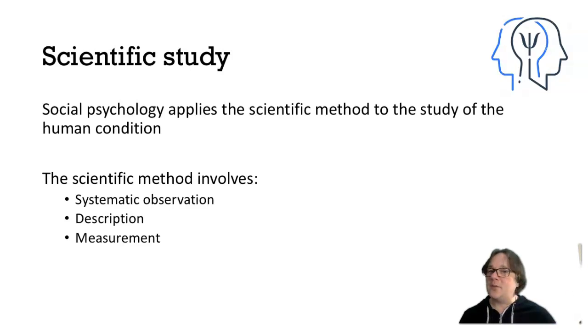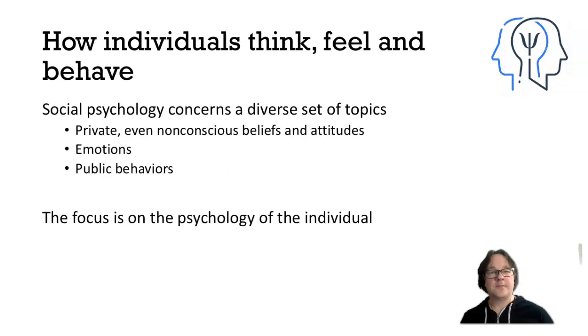Might have been good to have someone next to me who was watching that same person and also counting, so we can compare my number to their number to see whether or not there was some inter-rater reliability, right? Did we catch all of them? Did we kind of see the same thing going on? So the scientific method involves these three main components, and social psychology uses the scientific method and these three components to study human behavior in a social context.